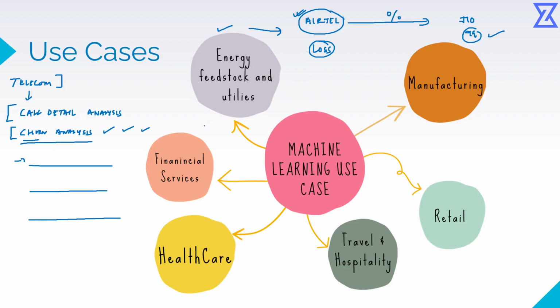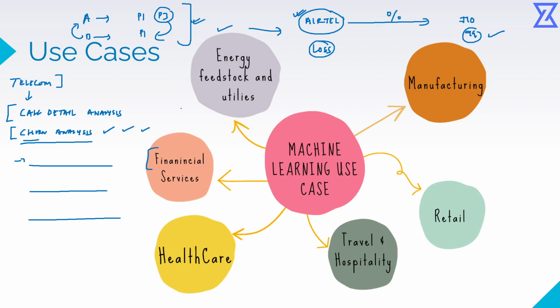So multiple use cases are there in different industries. In the insurance industry, upselling, cross-selling. That means customer A is having policies P1 and P3. Customer B is a very similar customer to A. He has P1. So if you can recommend this policy to B, maybe B will take it, right? So these are all use cases in machine learning.